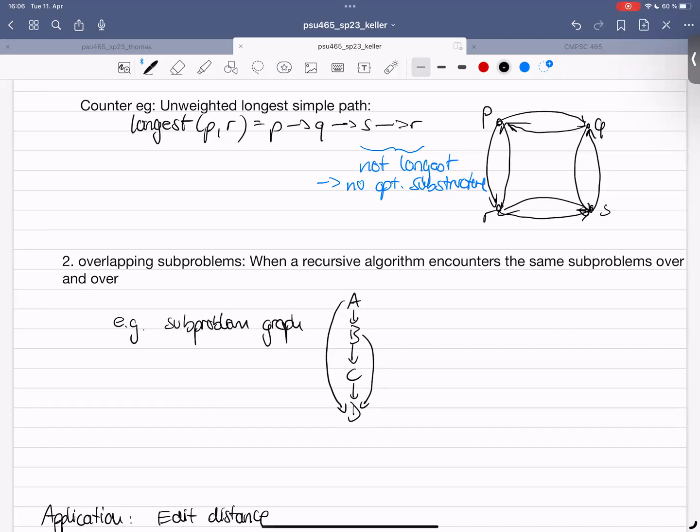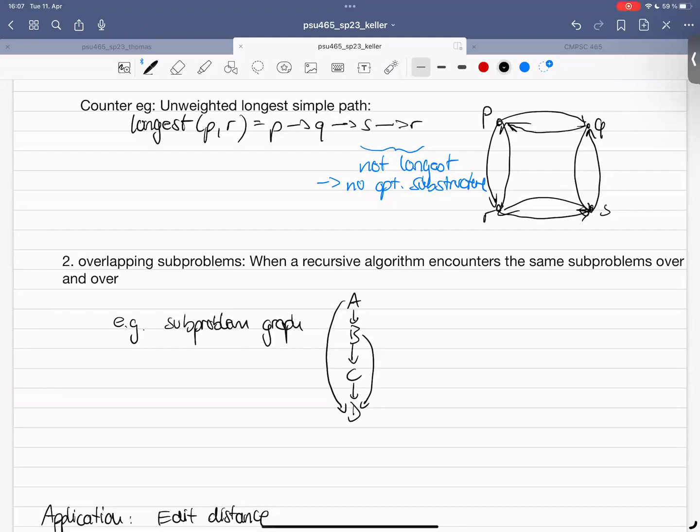But if you would do it based on recursion, we would start top down. We would start with the problem A right away, and then realize that A needs to first solve B and D. So we would call basically the same algorithm for subproblems B and D. But once we're trying to solve B, we realize that we again have to solve D because B also depends on D. And we keep on doing this.